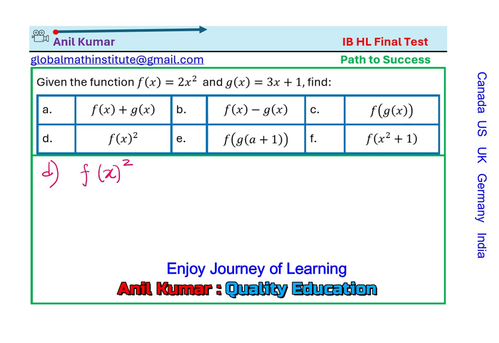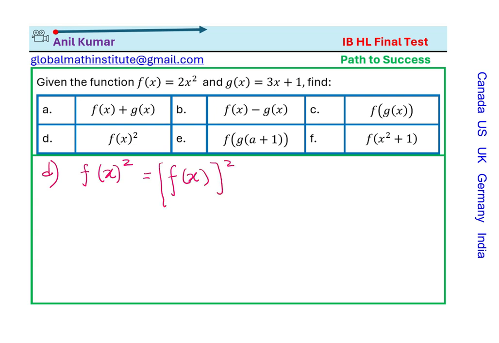There is a difference between this, which we are treating as f of x and everything squared. You understand the significant difference here, correct? It is not that x has been squared. We will do that part in part F, right? So let's see how we answer this question.